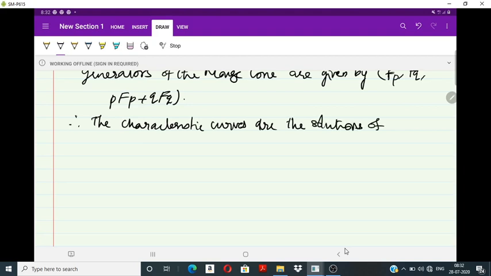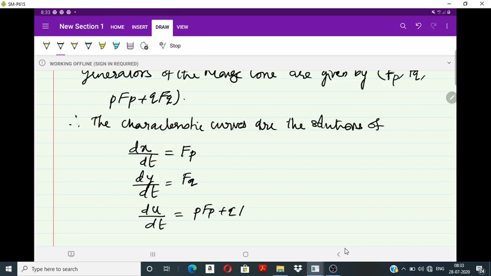Therefore, the characteristic curves are the solutions of dx by dt equal to fp, dy by dt equal to fq, and du by dt equal to p fp plus q fq.